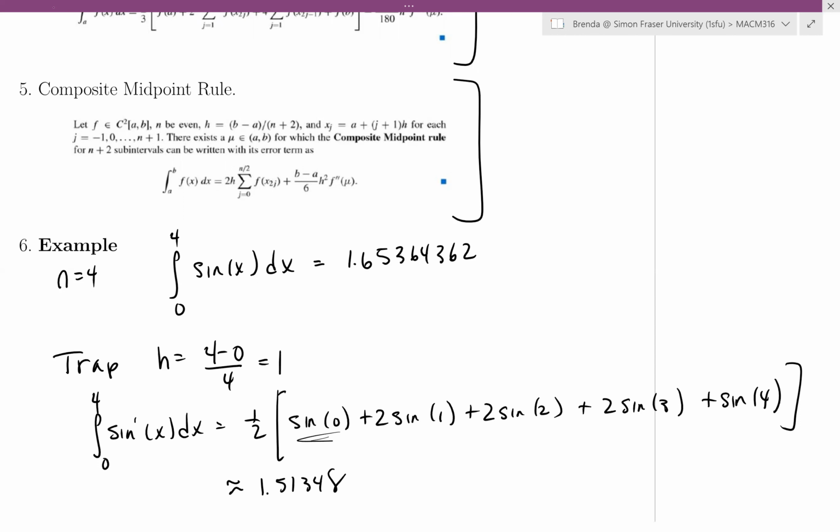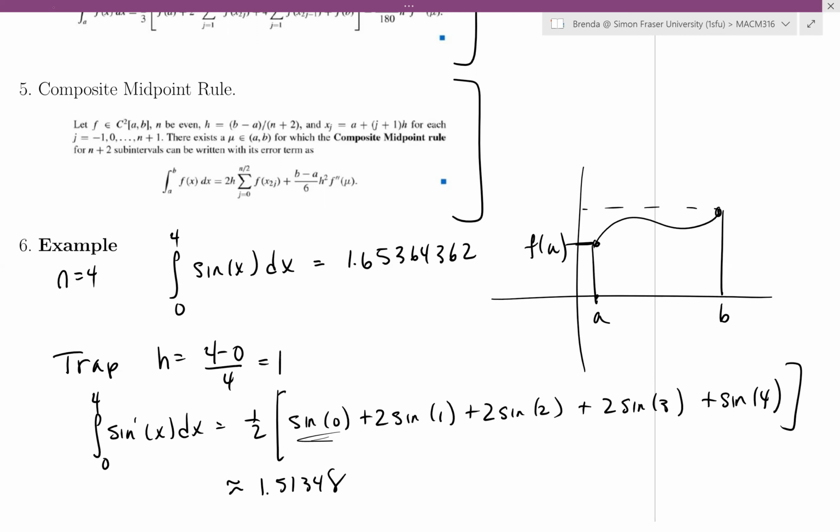It's pretty easy to figure this out. If you can't remember the 1, 2, 2, 2, 1 pattern, then just draw the function. You have some function, this is f at a, this is a, this is b. If you had to divide it into 4 like that, you'd be thinking, how do I calculate it if I can't remember the formula?